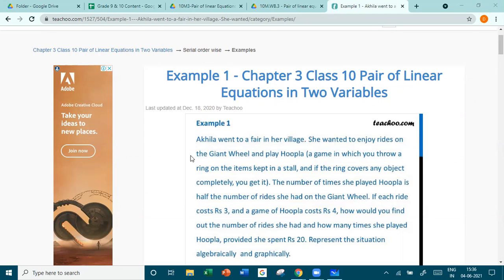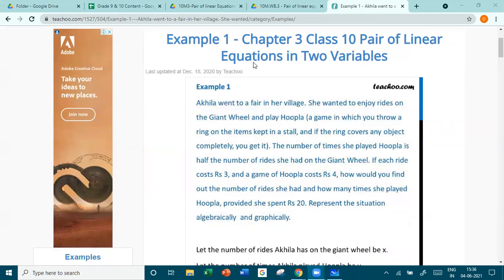Okay, Alina, you solved the complete thing. Let me check. Correct, the answer is correct. So basically, you will get from here. I will just write it here itself. Suppose you are taking number of rides as x, and number of times she played hoopla as y.